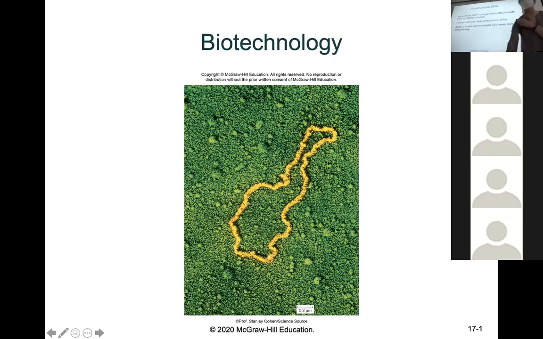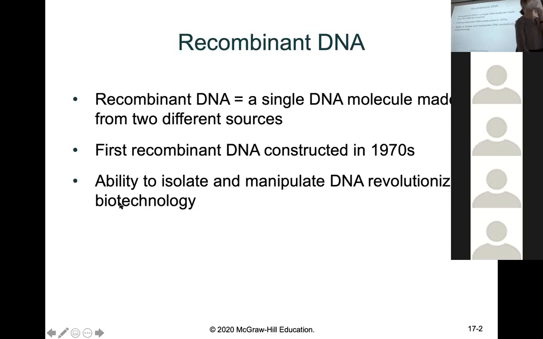First, we have to start by talking about recombinant DNA. Recombinant DNA is kind of like what it sounds. Basically, you have a DNA molecule that's made up of 2 different sources, like 2 different organisms' DNA put together. This can be really simple, and I'll talk about how it started with bacteria.